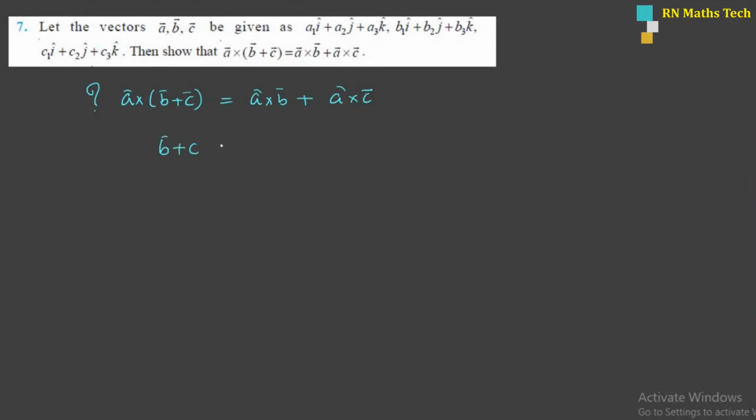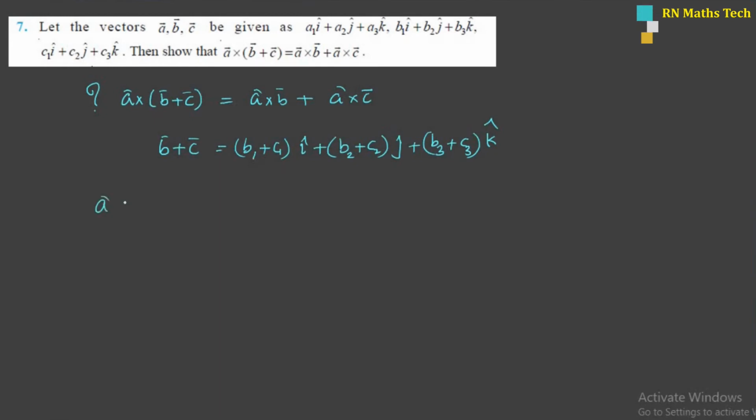What is b bar plus c bar? B bar plus c bar is (b1 plus c1) into i plus (b2 plus c2) into j plus (b3 plus c3) into k.